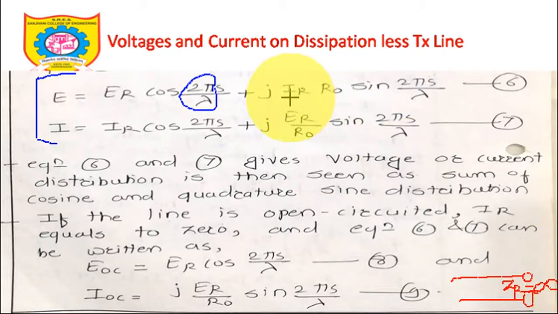So in this expression, if I put Ir equal to 0, this term vanishes, and I will get Eoc, that is open circuited, as Er cos 2 pi by lambda into s. Similarly, for the open circuit line, if I put Ir equal to 0, this term vanishes and I am left with j Er upon R0 sin 2 pi s by lambda, because for open circuit the current is 0 and resistance is infinite.